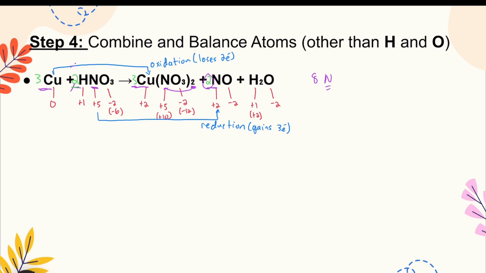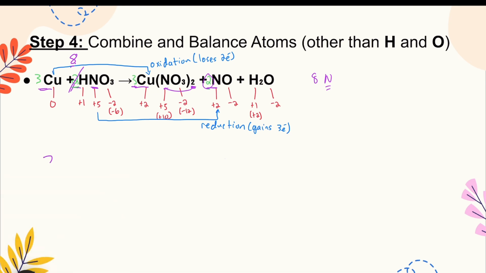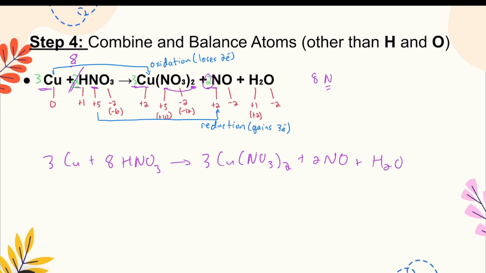So we're going to have to change that coefficient of 2 here to a coefficient of 8. When I rewrite this, that is going to be 3 Cu plus 8 HNO3, which yields 3 Cu(NO3)2 plus 2 NO plus water.